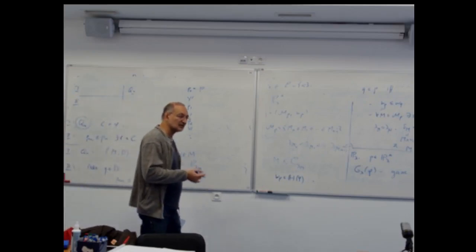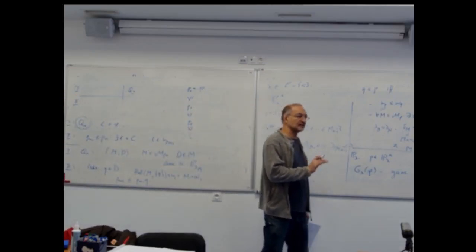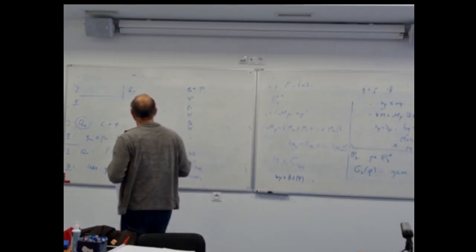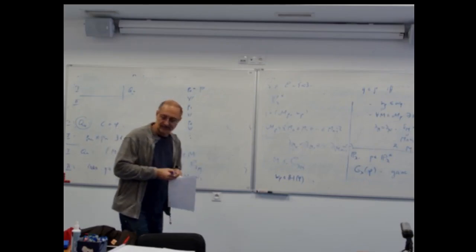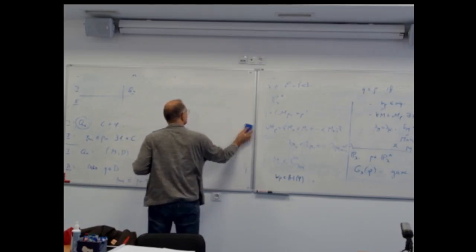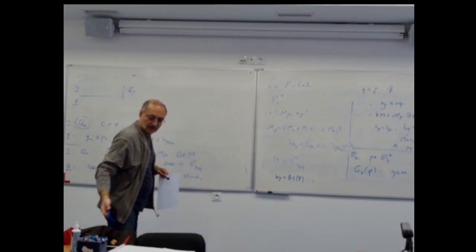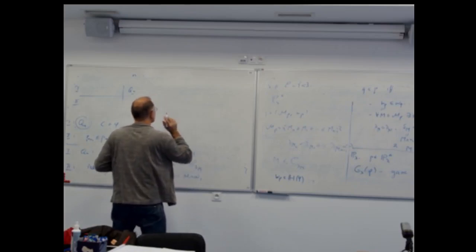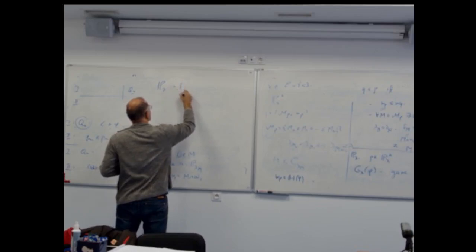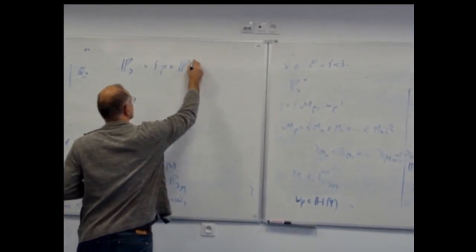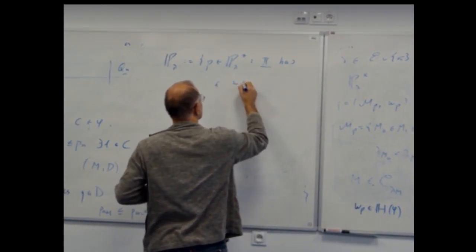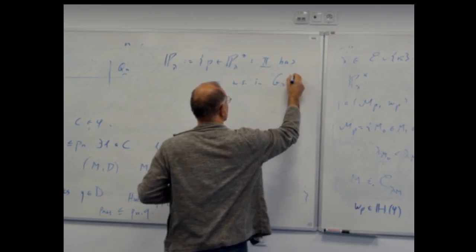It's those P's for which player 2 has the winning strategy. That is our definition, and that is our review of what we did. So P lambda is those P's in P lambda star such that 2 has a winning strategy in G lambda of P.